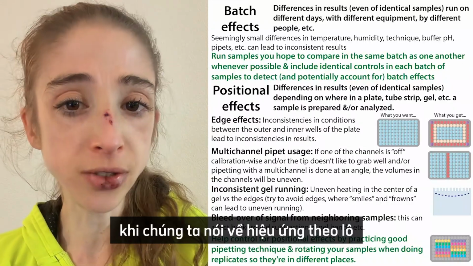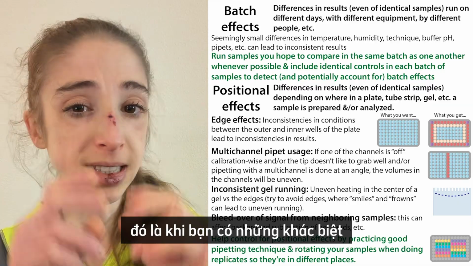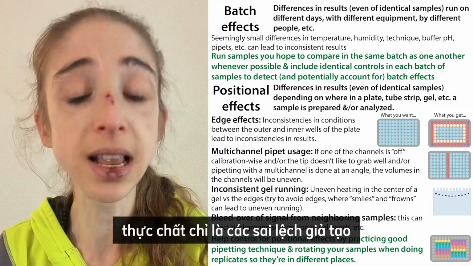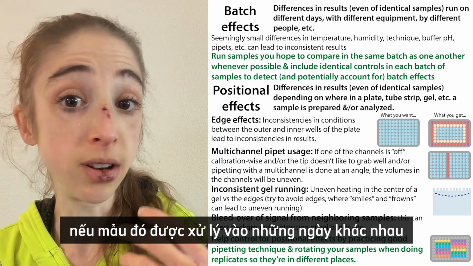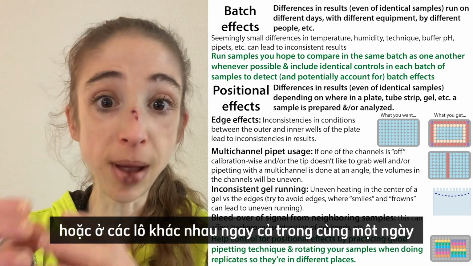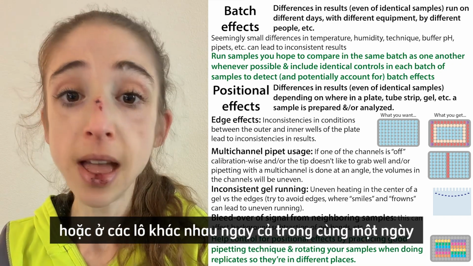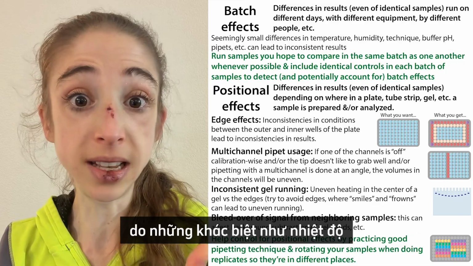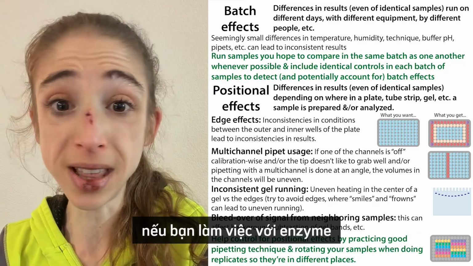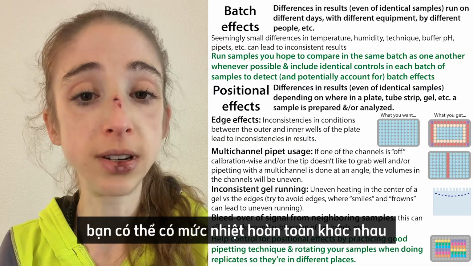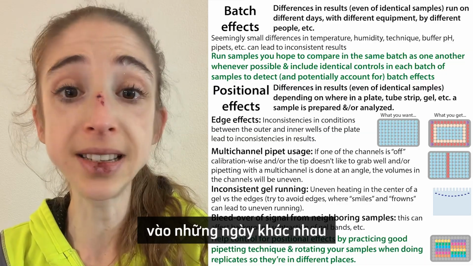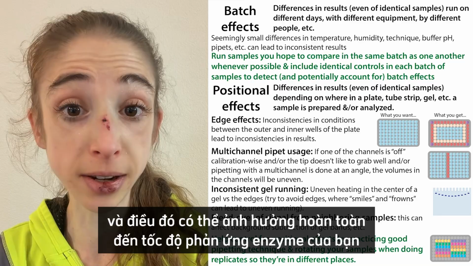When we talk about batch effects, that's where you have differences that are really just artifacts. From the same sample, you might get different results if that sample was processed on different days or in different batches, even on the same day. This can happen because of things like differences in the temperature. If you're working with enzymes, temperature is crucial. You can have totally different temperatures on different days, and that could totally influence your enzymatic rate.